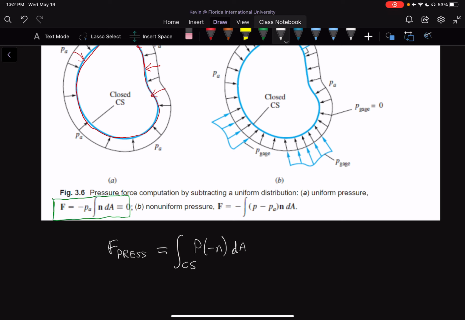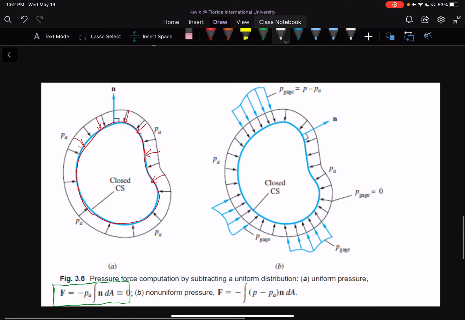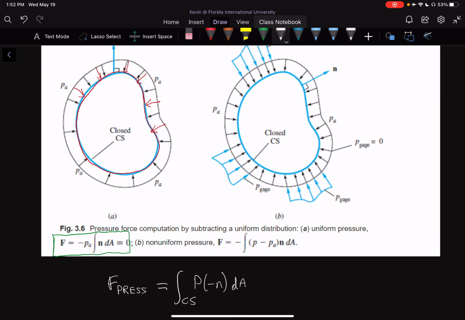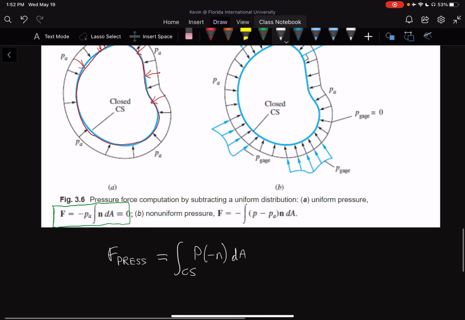We know that P, the pressure, is always in the negative n direction. It's negative to the normal, so it's always going to be at 90 degrees with the surface, going inwards. Now, this is the case where we have atmospheric pressure all around.